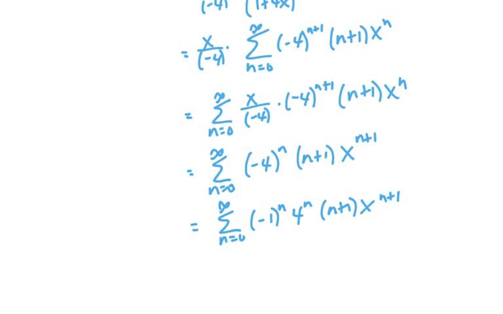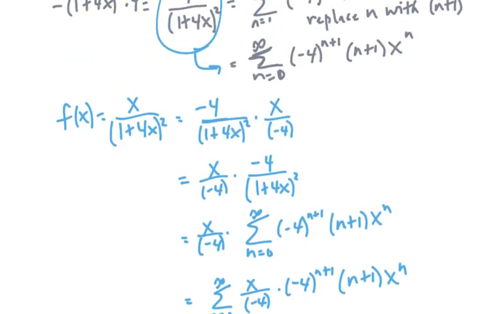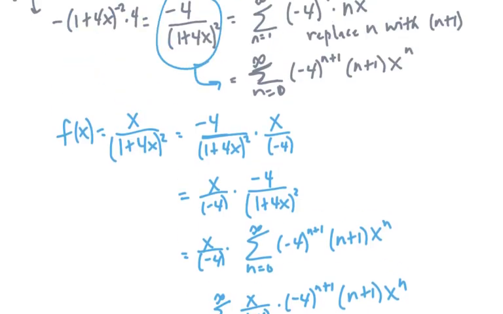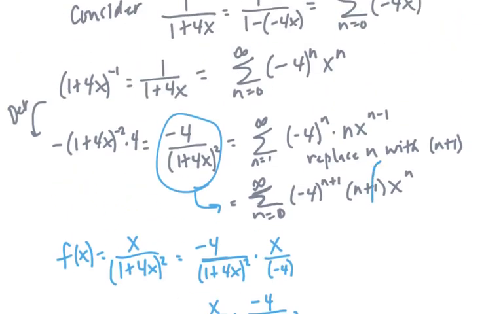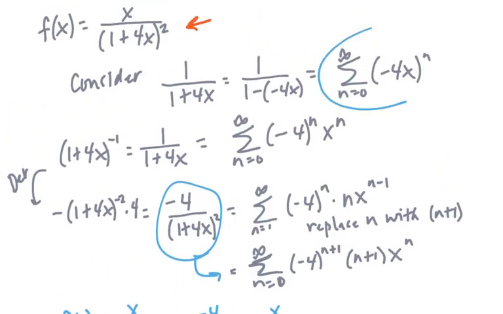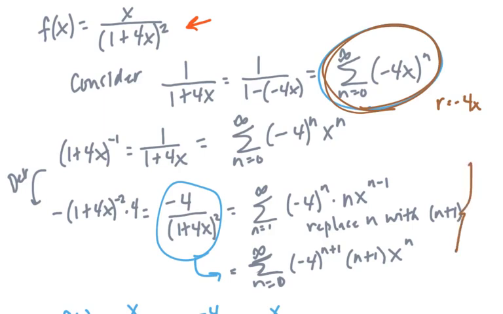Now let's talk about our radius of convergence. If we go back to here, we see that r equals negative 4x, and it's a geometric series.